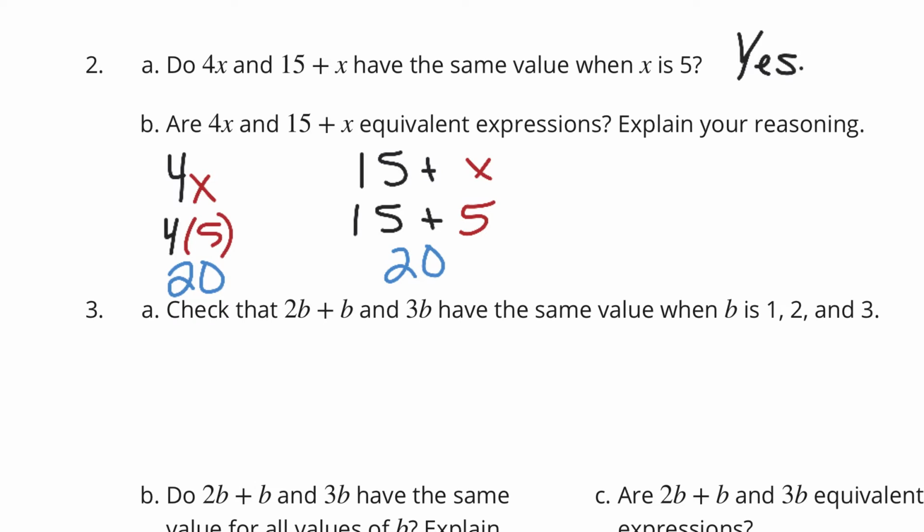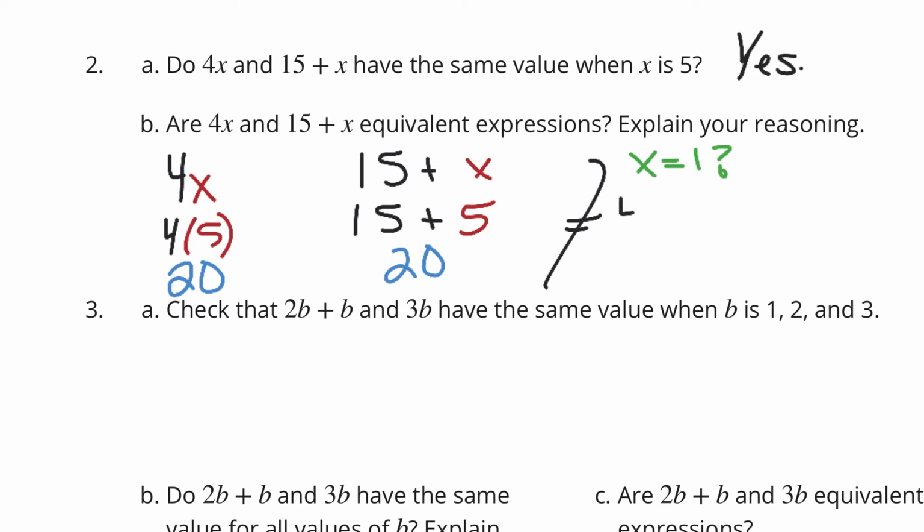In B, are 4x and 15 plus x equivalent expressions? Explain your reasoning. For these to be equivalent, it would not matter what I put in for x, they would produce the same result. And so the best way to check this is to say, well, what happens when x equals 1?